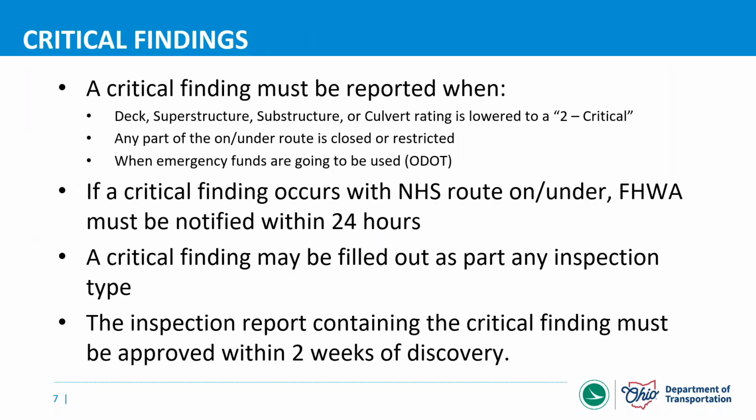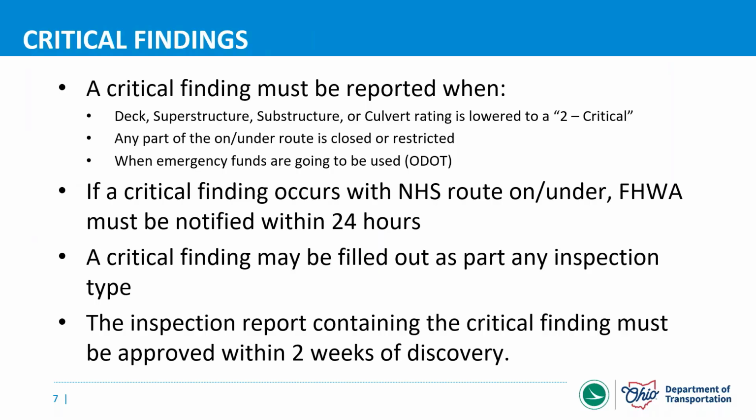That has not changed. That's the same as it was in our last manual. So if your GA is a 2, and that is new at this inspection, so you've lowered the rating to a 2, you need to fill out the critical finding form that is in ASSA-wise.